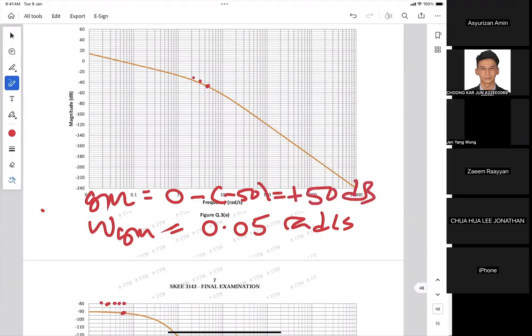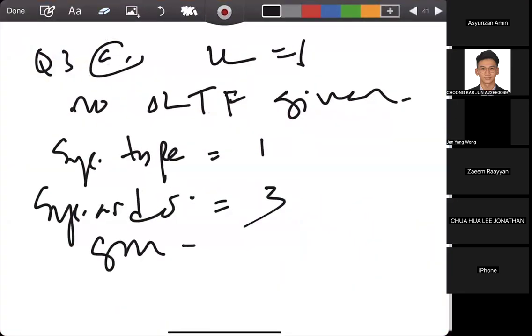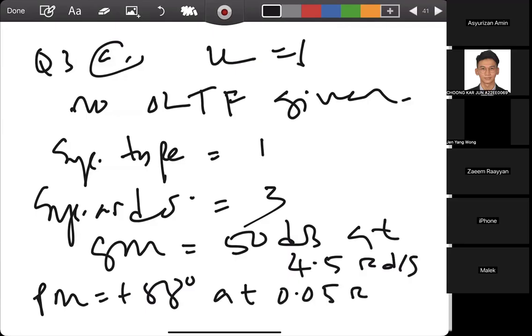Okay. Gain margin 50 decibel. Phase margin, radian per second. Okay.